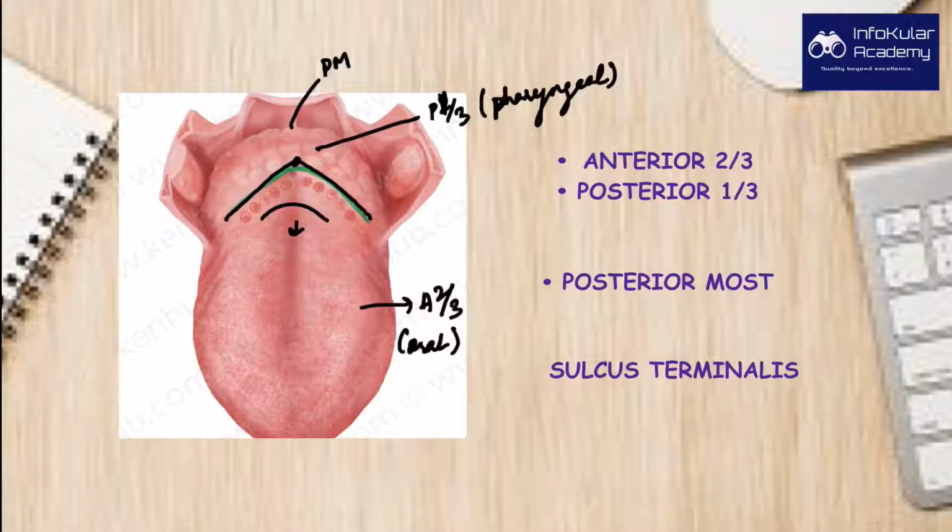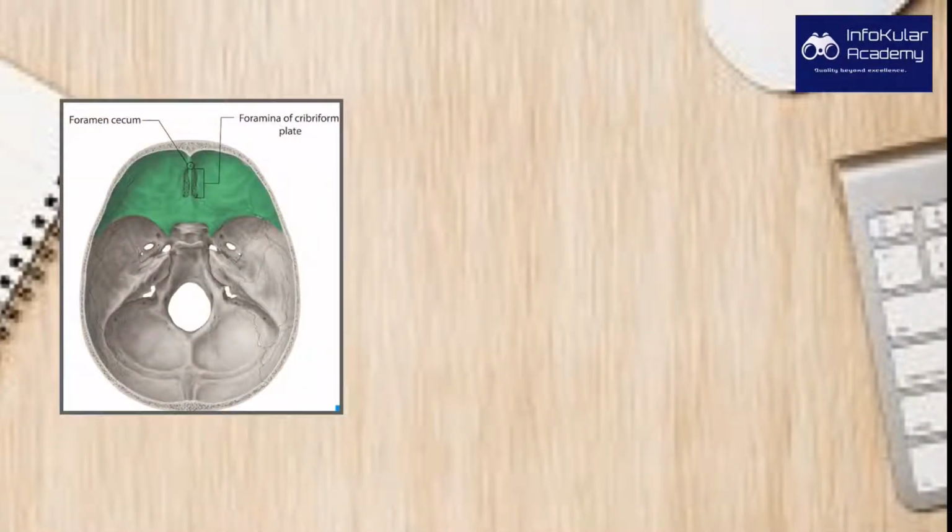And why is this division important? Because individually the anterior 2/3, posterior 1/3 and posterior most part have different embryological origins. Hence it is important. Let us now assimilate about the foramen cecum and the thyroglossal duct. Foramen cecum is formed in the frontal crest of the frontal bone which ends in a notch.